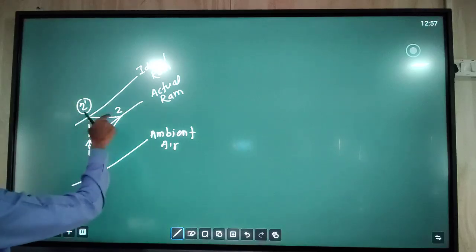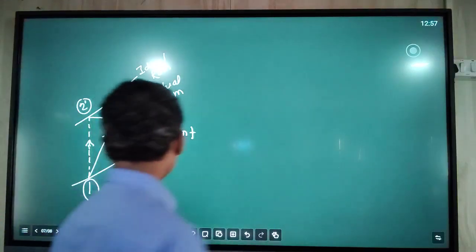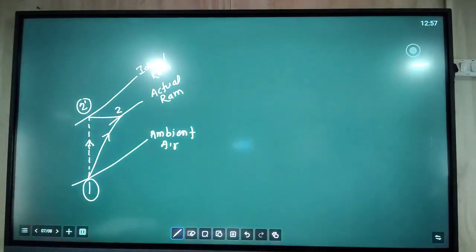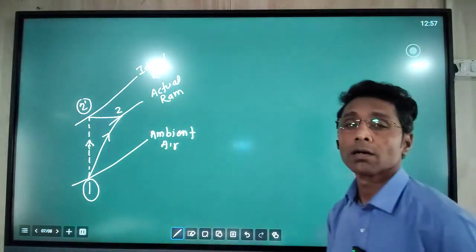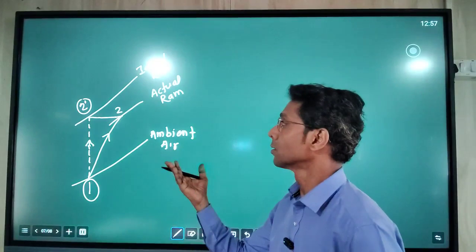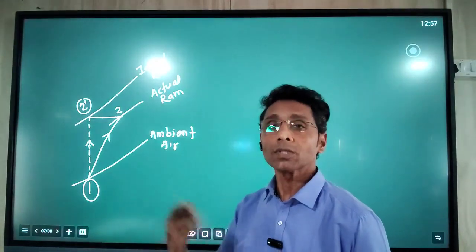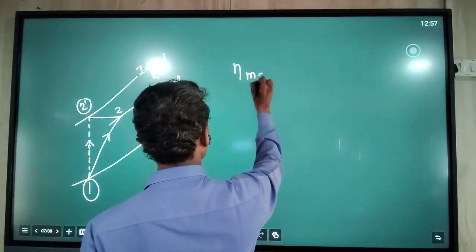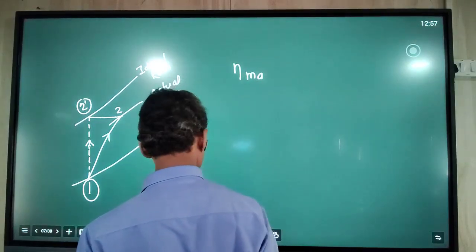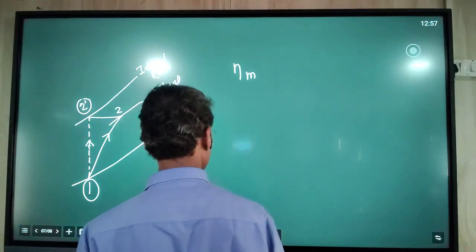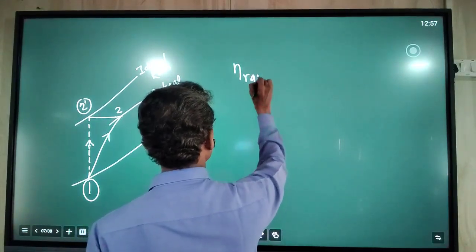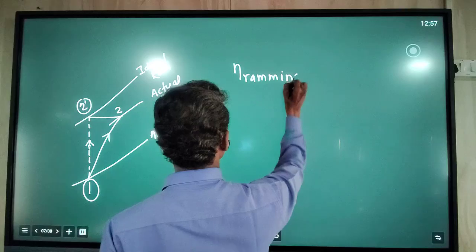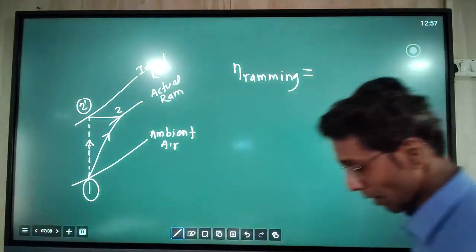This is point 2 dash and this is point number 2. First of all we have to find pressure P2 dash, and then this P2 dash value we put in the pressure temperature ratio formula. For that, in the numerical we are given the ramming efficiency. What is ramming efficiency?